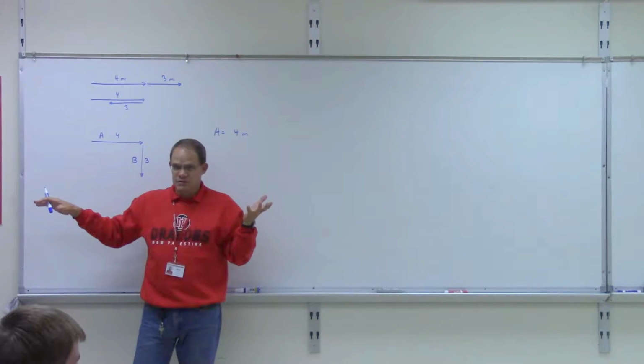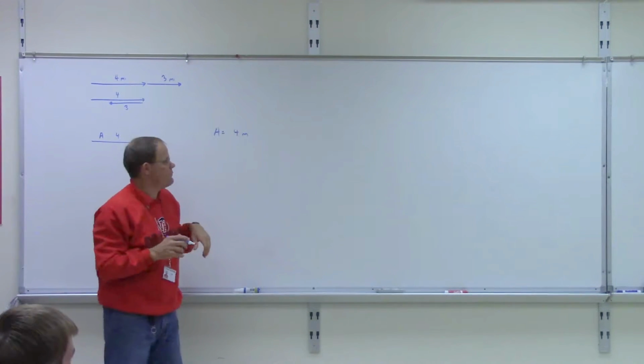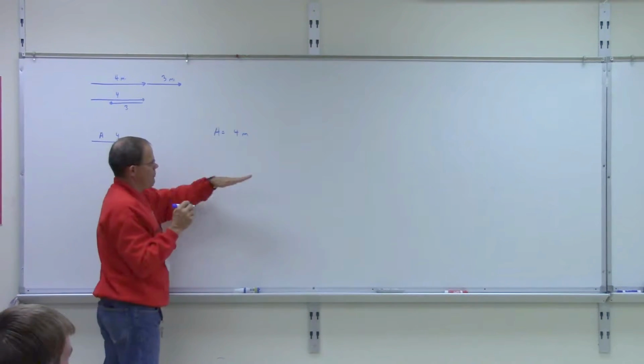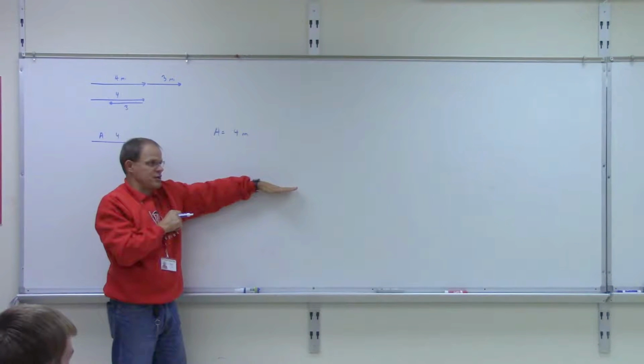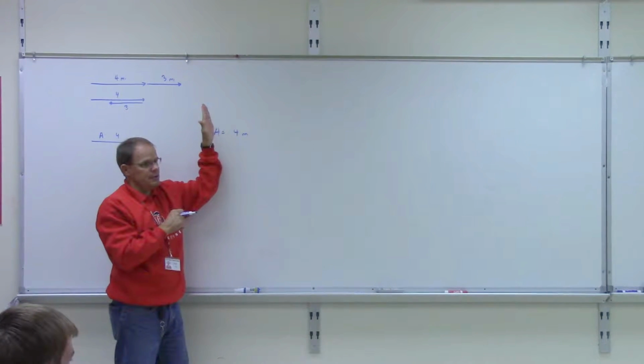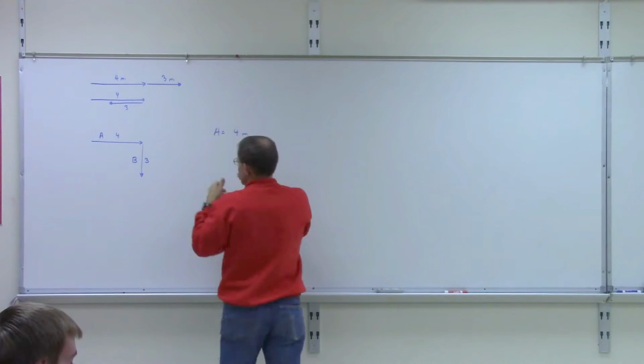That's it. But now, since we're going to be working in more than one dimension, we've got to be a little more careful. So we're going to call the positive x-axis 0 degrees. So if an object is going to the right, it's at 0 degrees. That's the direction. But what if it's going up? What angle would that be? 90, right?